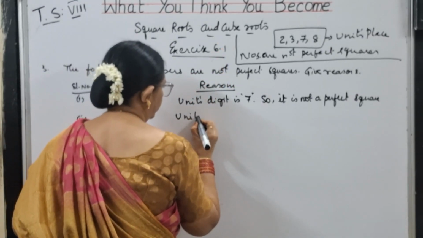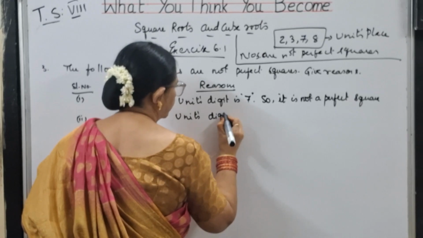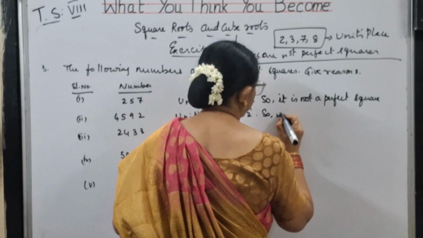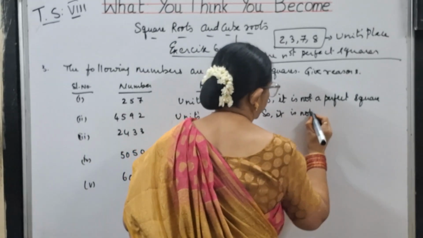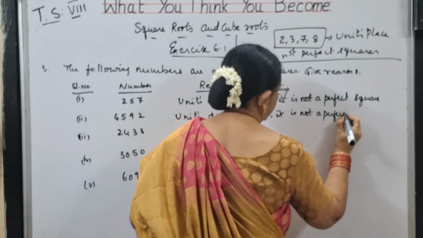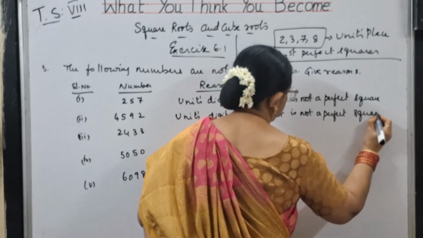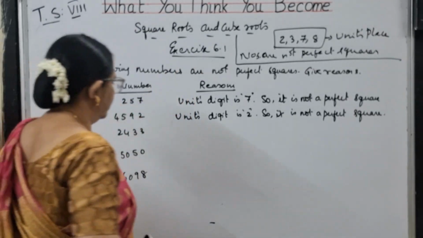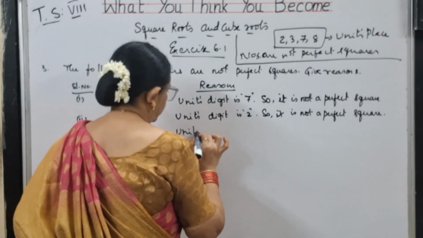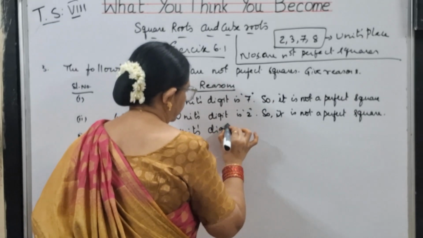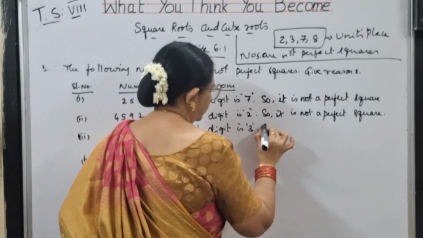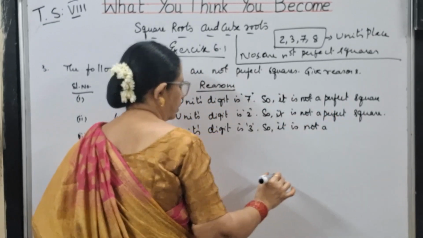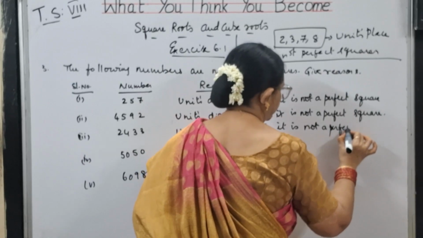So the same reason, units digit is 2. So it is not a perfect square. Next, units digit is 3. You have 3 there. So units digit is 3. So it is not a perfect square.